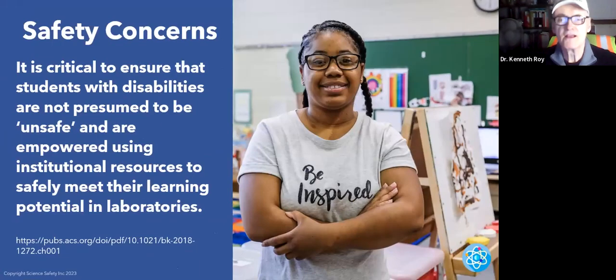Very good. All right, safety concerns. It is critical to ensure that students with disabilities are not presumed to be unsafe. Again, let me restate that: students with disabilities are not presumed to be unsafe and are empowered using institutional resources to safely meet their learning potential in laboratories. That's a very important statement.